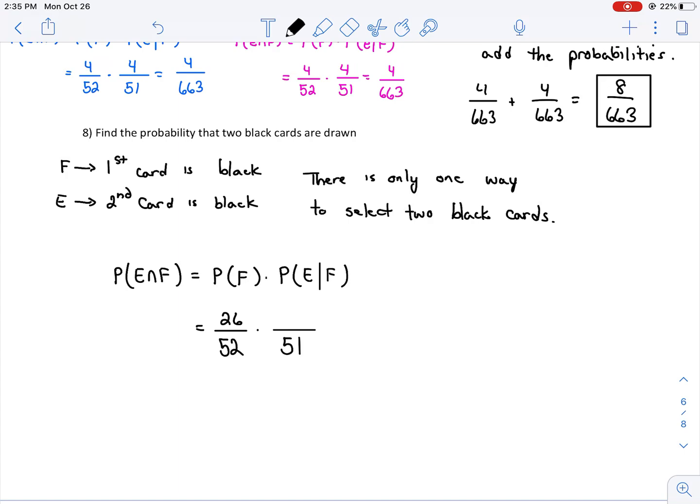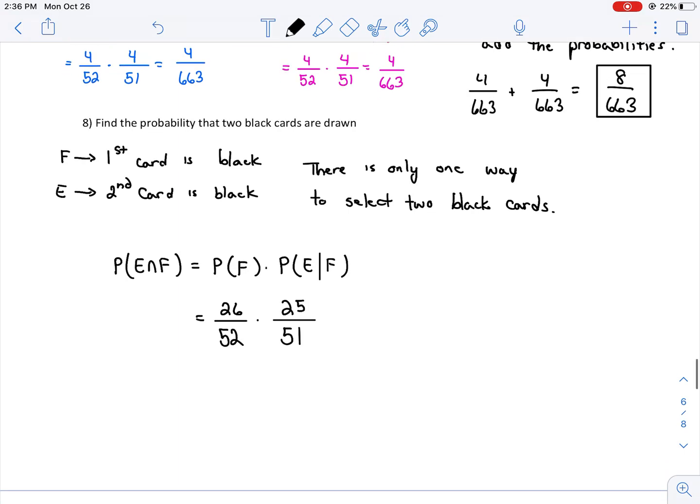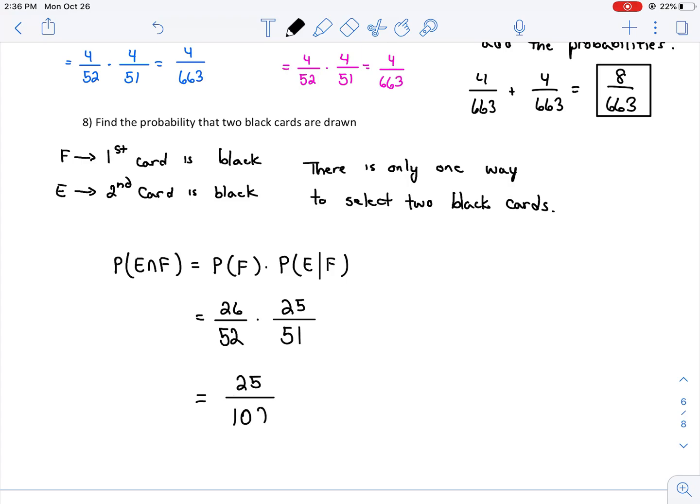Since we removed 1 black card from the deck, there are only 25 black cards remaining. So after we multiply and reduce, the probability is 25 divided by 102, or just under 25%. And we are done.